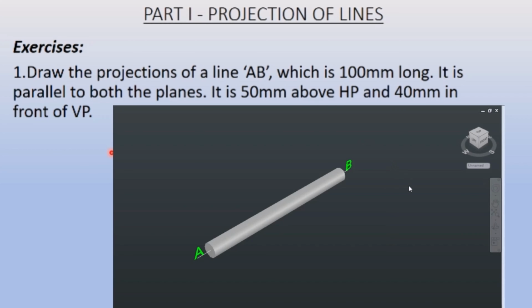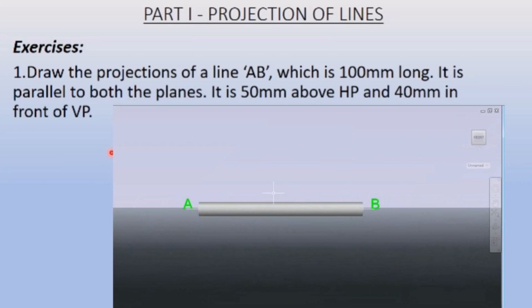So here I have taken one line. Actually this is a somewhat thicker line. A line should be a straight line without any thickening, but for explanation purpose I am taking this as a line. This is very thick, but for the explanation only I am taking this as a line. You have to imagine this as a line.